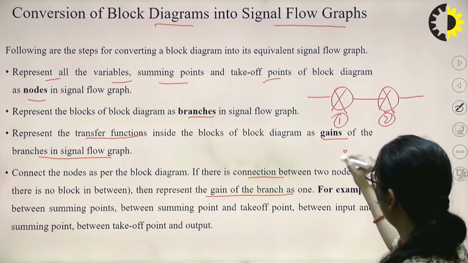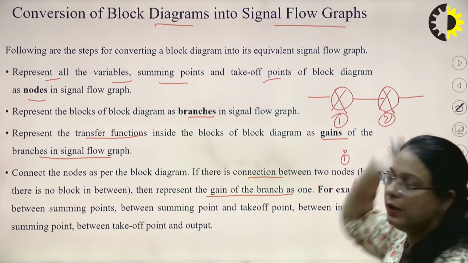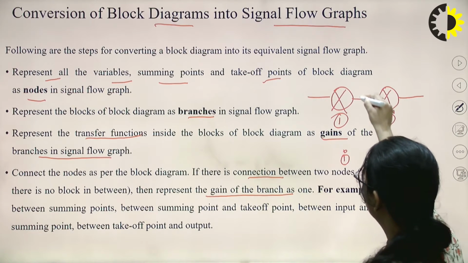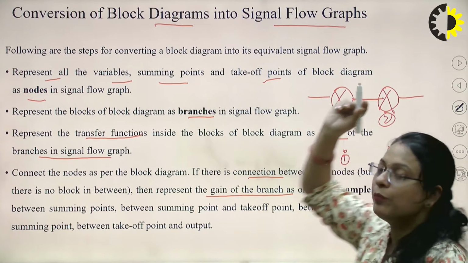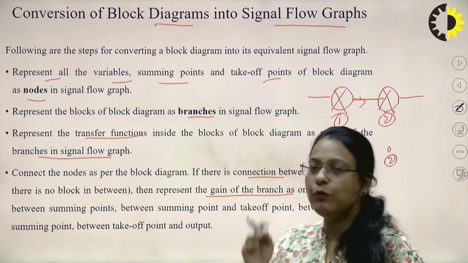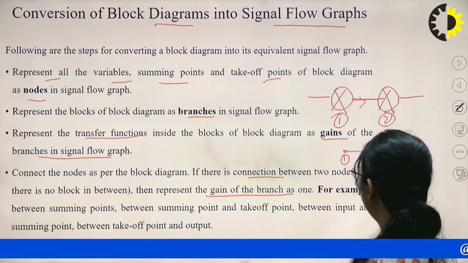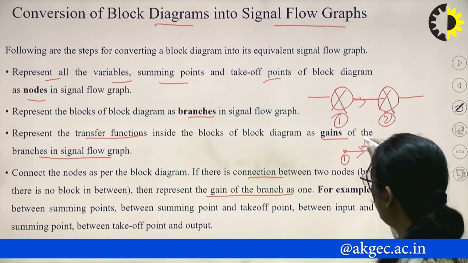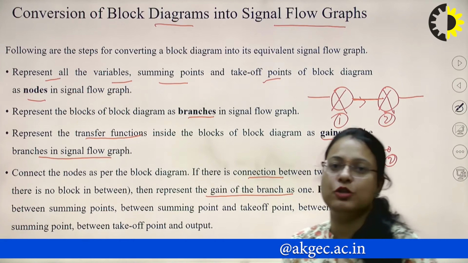First node number 1 for summing point 1 and node number 2 for summing point 2. Now, you can see no transfer function is represented between these two summing points. So, we will connect these nodes and represent 1 as the gain of this particular branch.